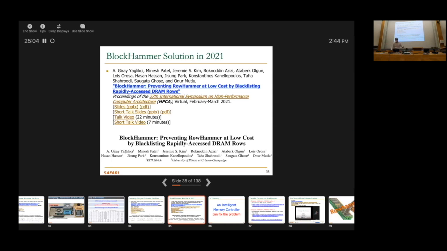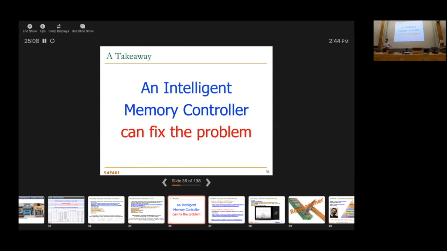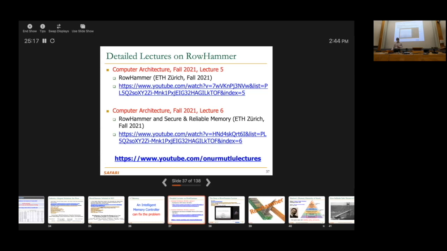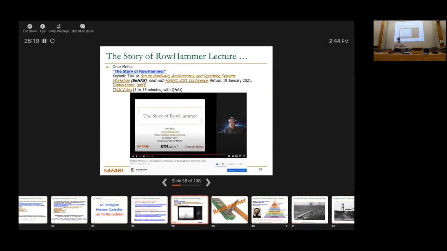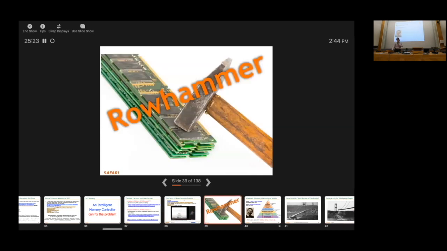The takeaway is, if you have an intelligent controller that detects these access patterns, you can solve the problem. But that intelligent controller comes at a cost. You can find more detailed lectures on RowHammer, and we actually give lectures. This is a very compact lecture that talks about RowHammer if you're interested.